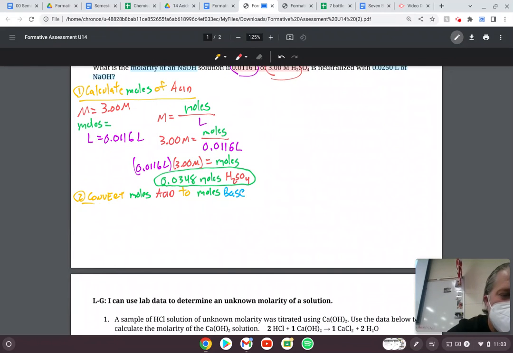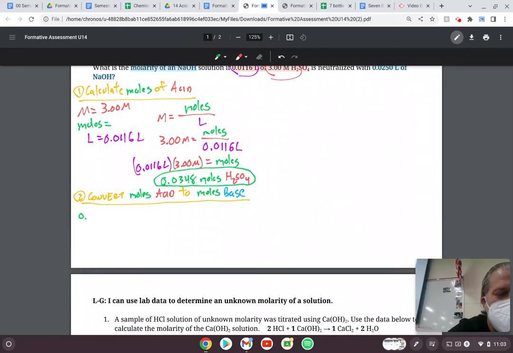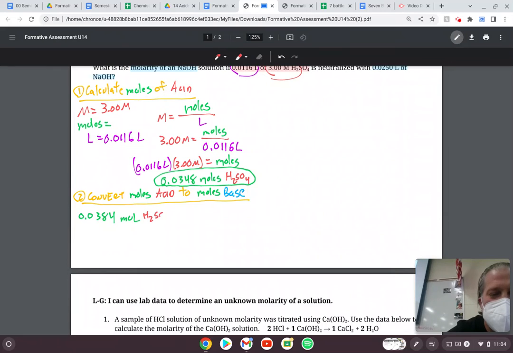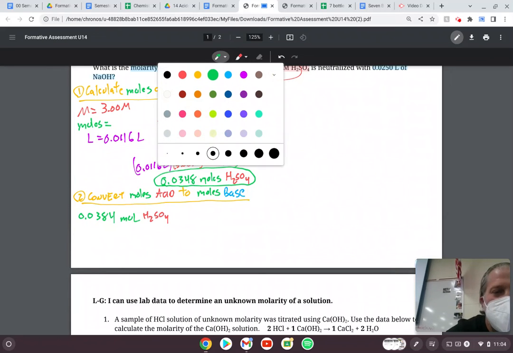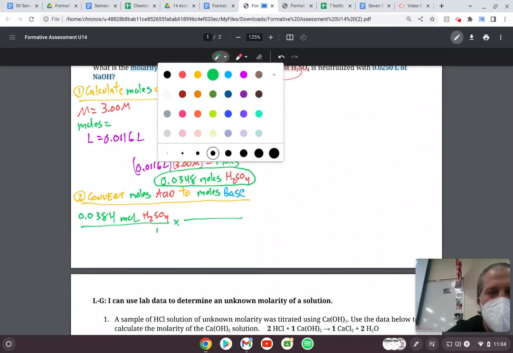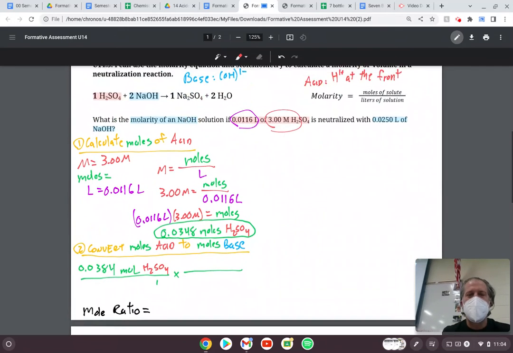It's simply going to be mole to mole, but I'm going to take my calculated value, which is 0.0384 moles of acid, which in this case is H2SO4. I'm going to put that over 1, and I need to figure out what my mole ratio is. So I'm going to go up top here and figure that out.